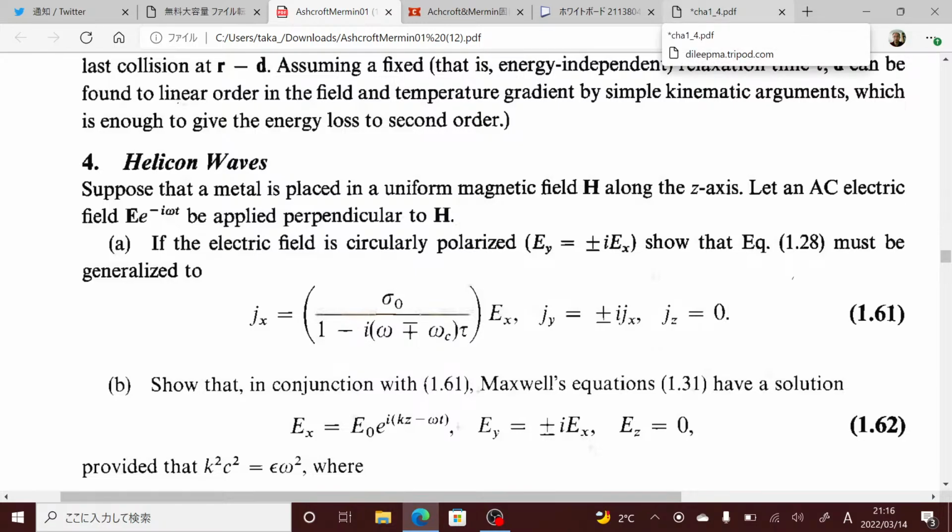It's very hard to understand what's going on with this solution. It's very, very difficult.